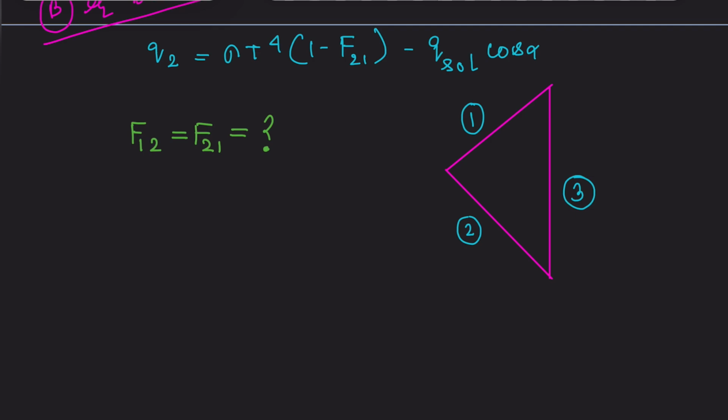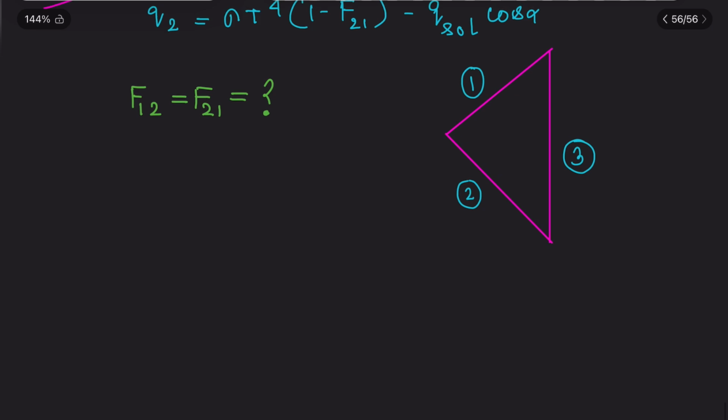So they will first give you the option that F12 is equal to F21, the second option will be F12 is not equal to F21, then the third option will contain the values of F12 and F21. So how can you find F12 or F21? The first approach is view factor algebra. Here I will show you two approaches. The first approach will be the view factor algebra.